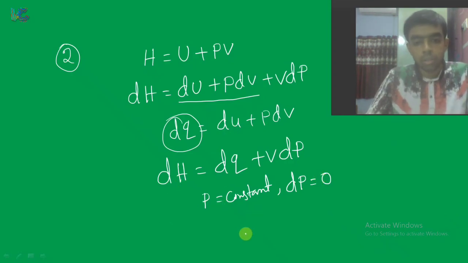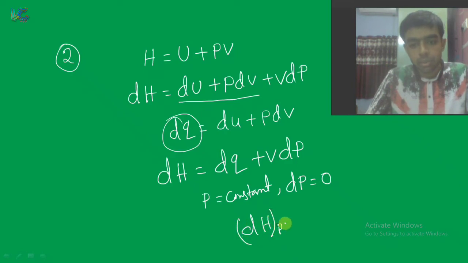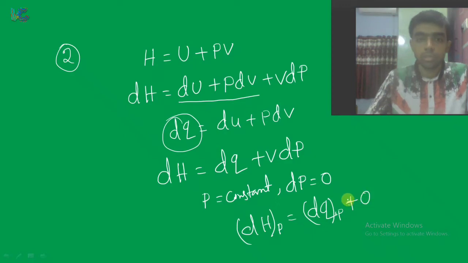In that case, what will happen? dH at constant P is equal to dq at constant P plus 0, because dP is equal to 0 as P is constant.